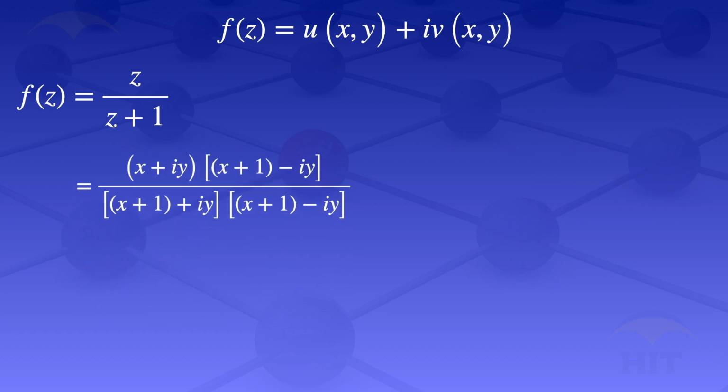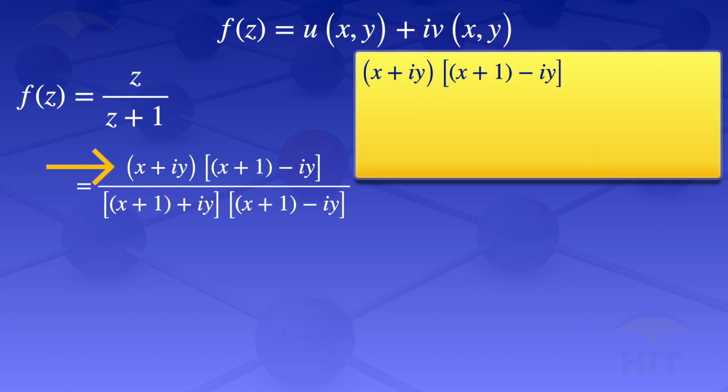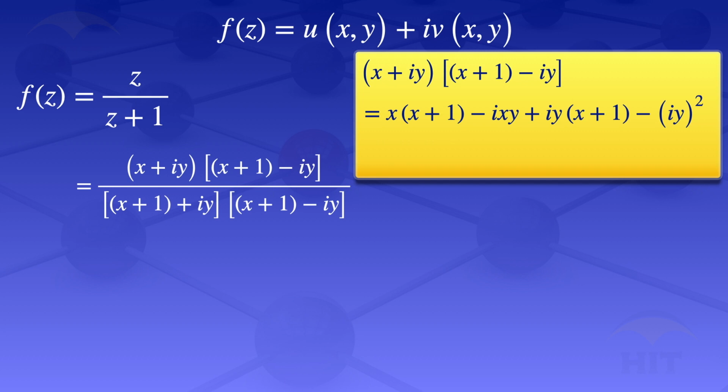Now looking at the numerator, I will expand (x + iy)(x + 1 - iy). When we expand, we get x times (x + 1), minus ixy, plus iy times (x + 1), minus iy squared.